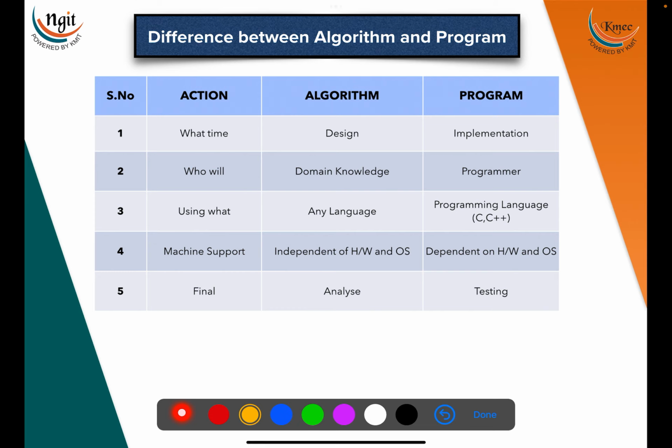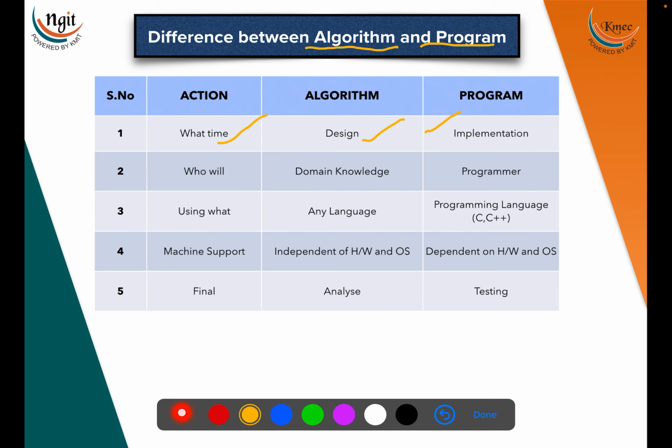Let's see the differences between an algorithm and a program. We will see when we write an algorithm, when we write a program, who writes an algorithm and who writes a program. Algorithm and program have the same definition, which is a step-by-step procedure. But we write an algorithm at the point of design.